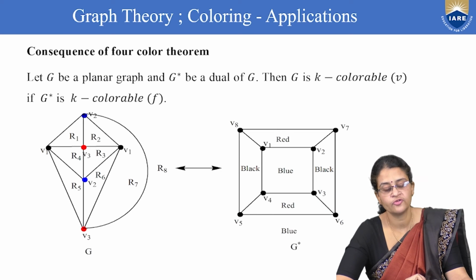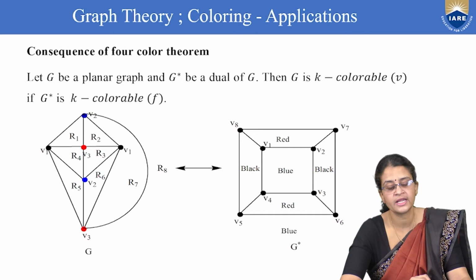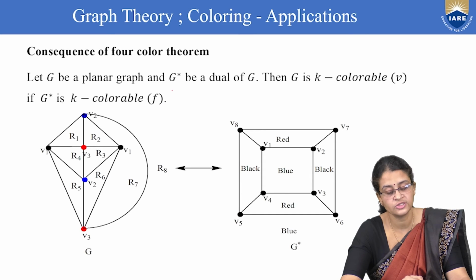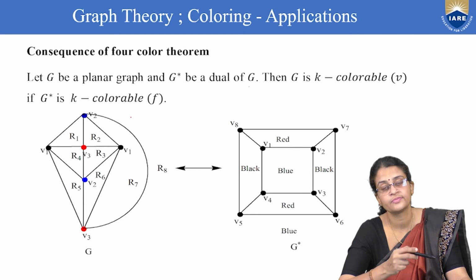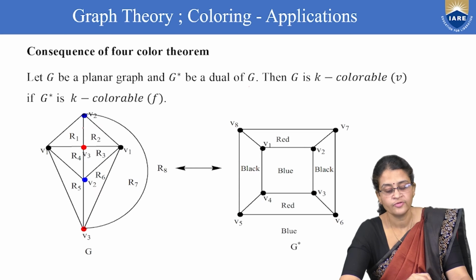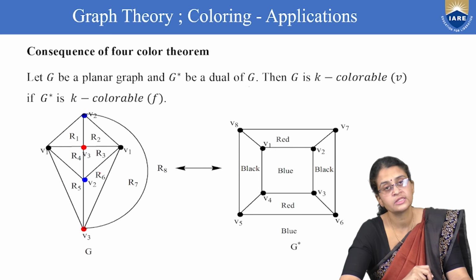A consequence of the planar 4-color theorem is that if G is a planar graph and G star is the dual of G, then if G is k vertex colorable, G star is k face colorable. That is, we have G with vertex colors, 3 colors used here: blue, black and red.